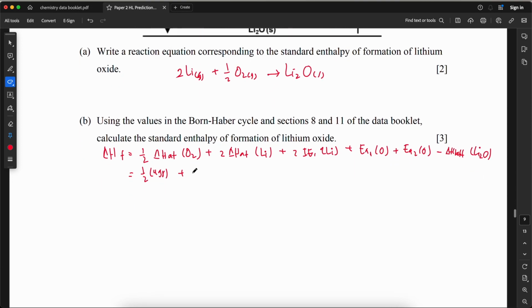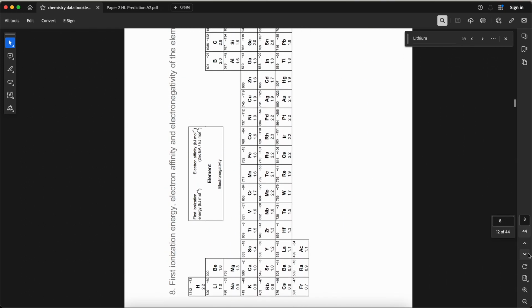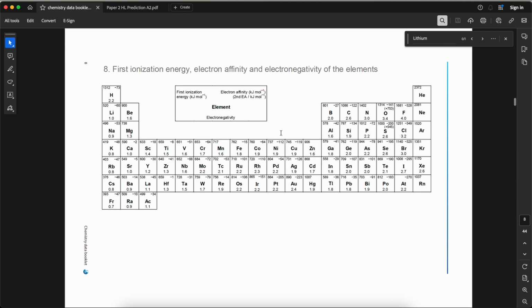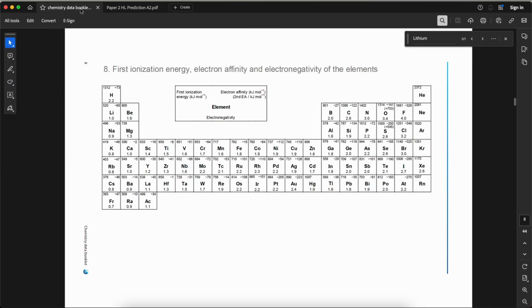So 2 times 159, plus ionization of lithium, you can go to the table, ionization energy of lithium, which is 520. So 2 times 520, and electron affinity of oxygen, and second electron affinity of oxygen is available here.